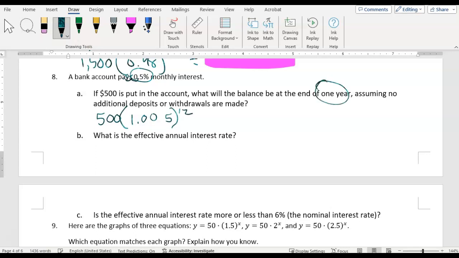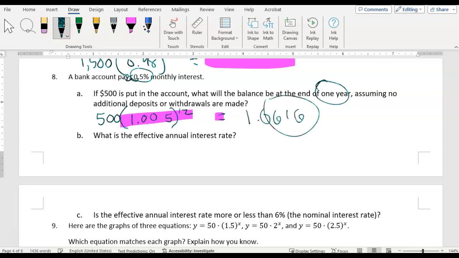What is the effective annual interest rate? All right, so if we want to find that effective annual interest rate, in this case, we're going to look at this right here. So 1.005 to the 12th power equals 1.0616.